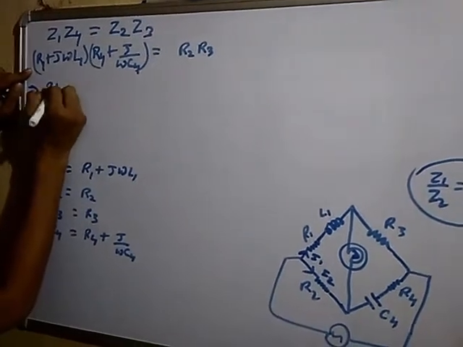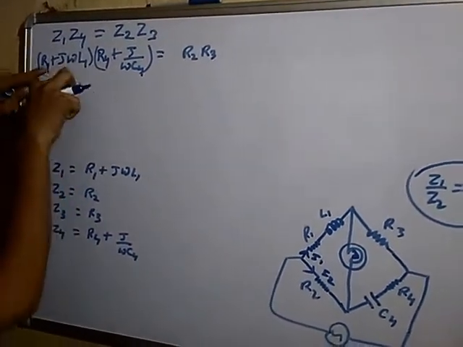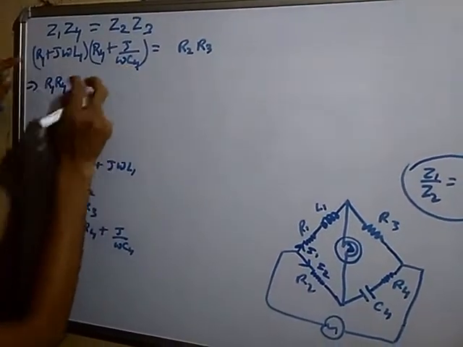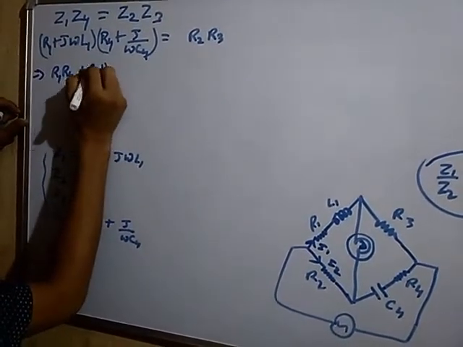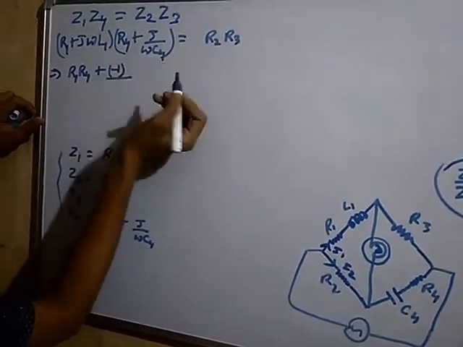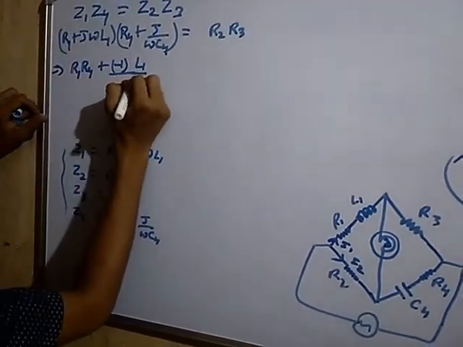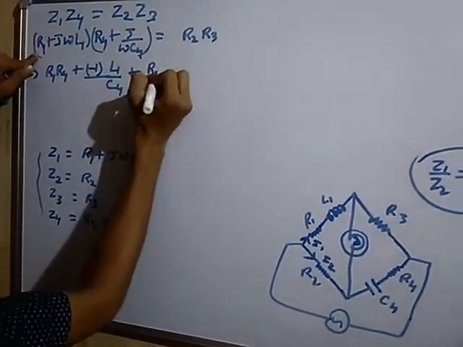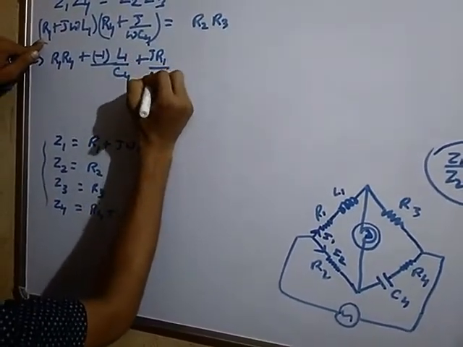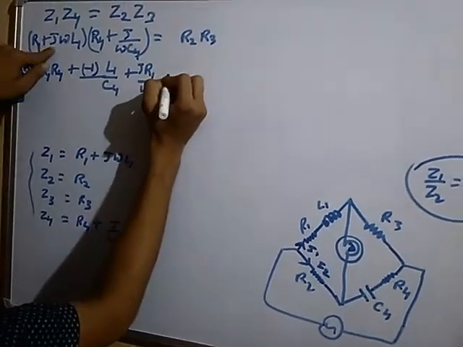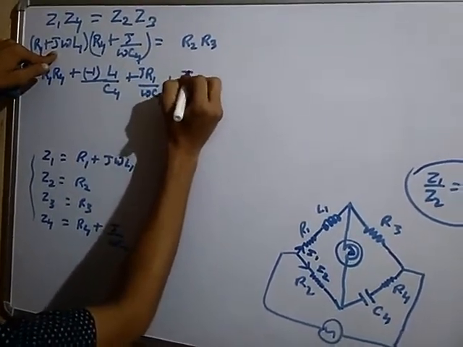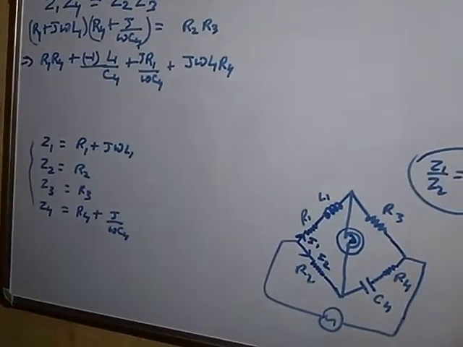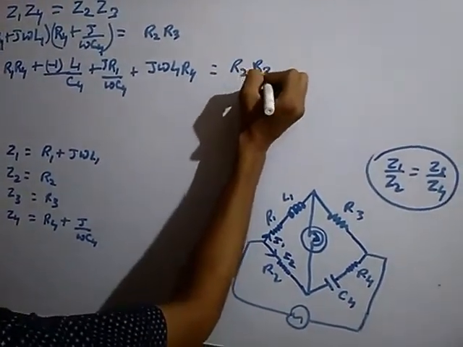R1 into R4 plus j into this j, minus 1 upon omega C4, omega cancels, L1 upon C4, plus R1, j over here, omega C4 again, j omega L1 R4, equal to R2 R3.